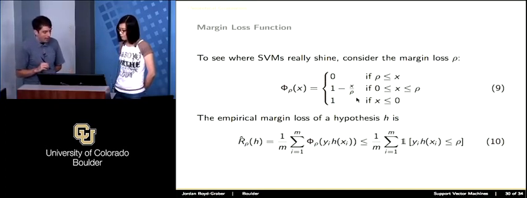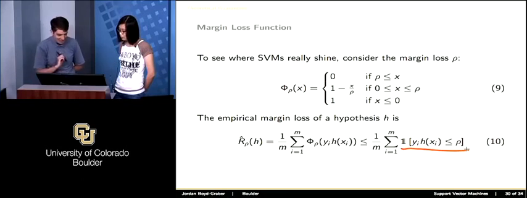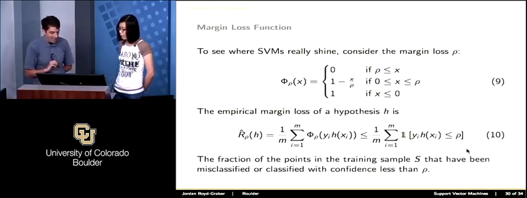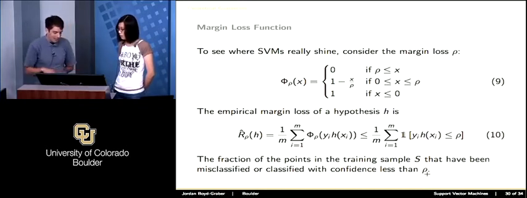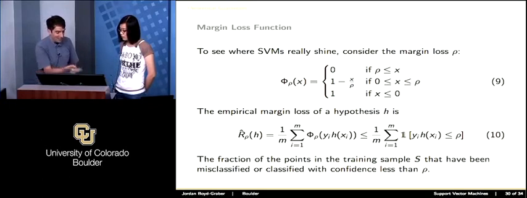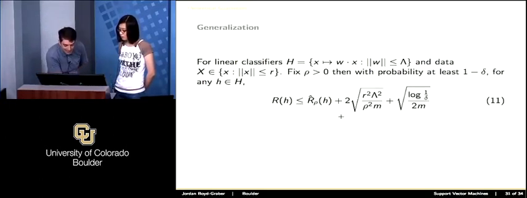What you can prove is that the empirical margin loss of a hypothesis is going to be this, and the points in the training sample that have been misclassified or classified with confidence less than rho give you a good estimate of your eventual generalization error based on this factor.